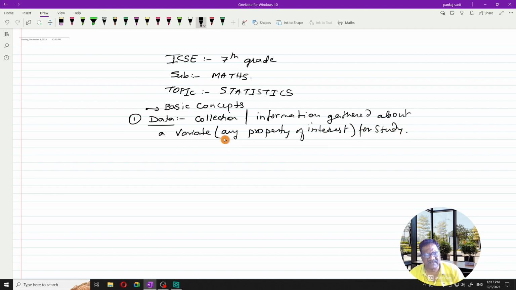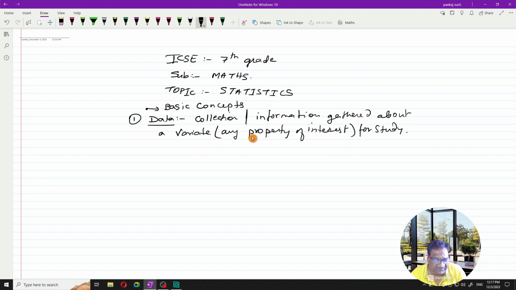So data is a collection or information gathered about a variate, and this variate is any property of interest to you. It can be the height of the people, it can be the weight, it can be the number of children in the families, and so on. Okay, fine, so that is data.